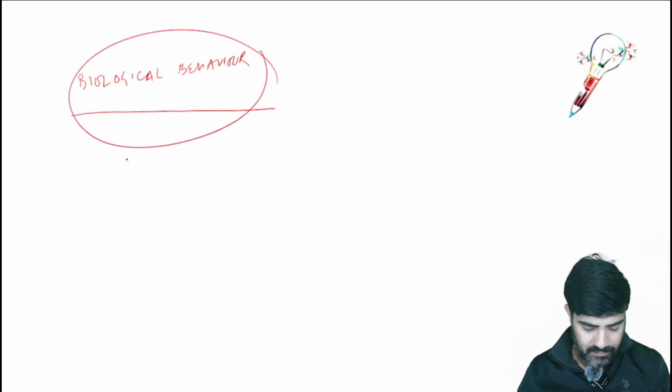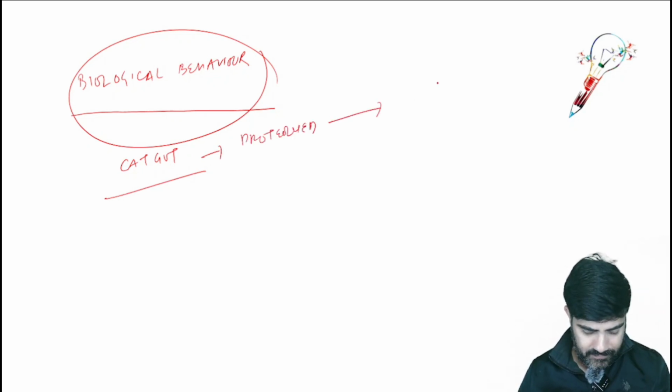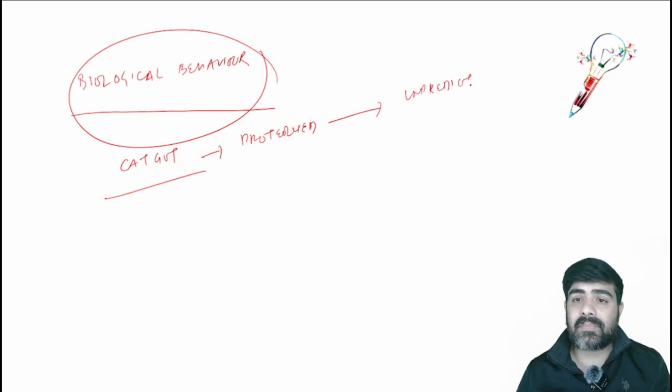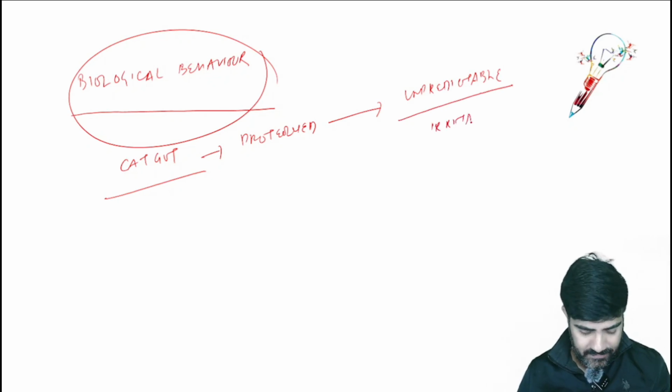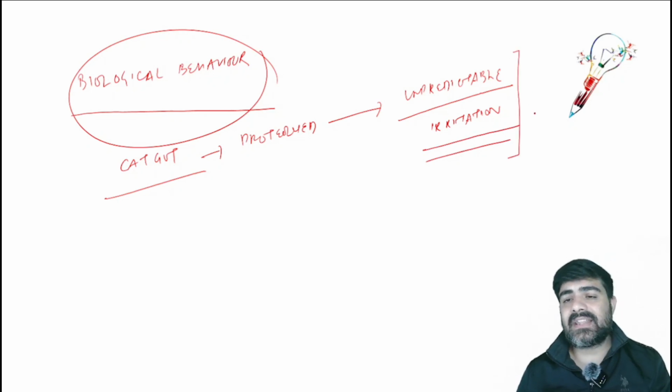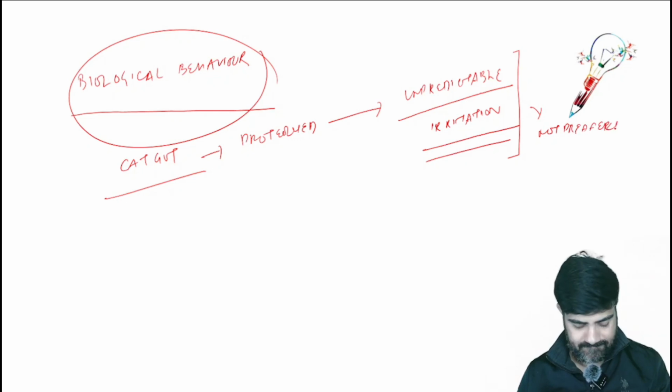Like we have catgut suture, that is proteolyzed, but it can cause unpredictable action, that is, it can cause irritation. Therefore such materials are not preferred.